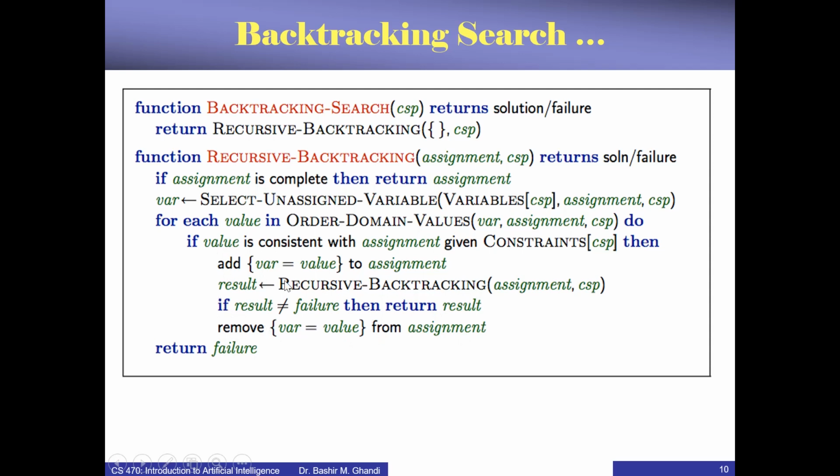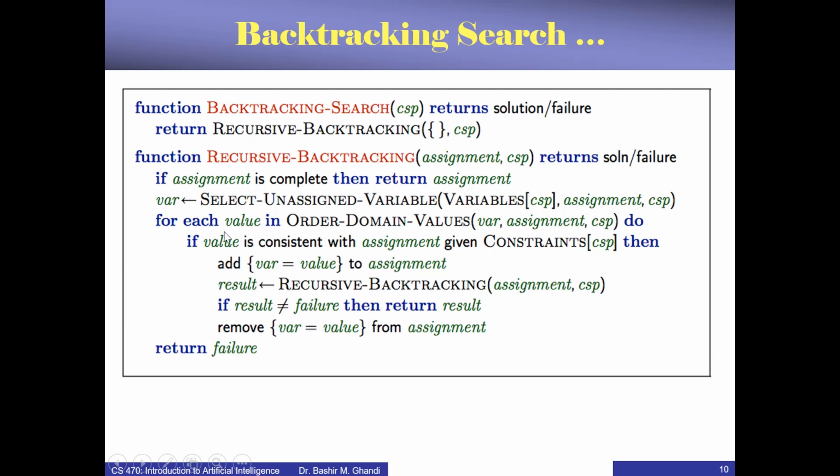So if we try an assignment and that assignment failed, then we have to backtrack and try to do another assignment. Okay, so it's going to try another value, do the assignment, and then try again. If it works, that is fine, we are done. But if it doesn't work, then we have to remove it and then try again.